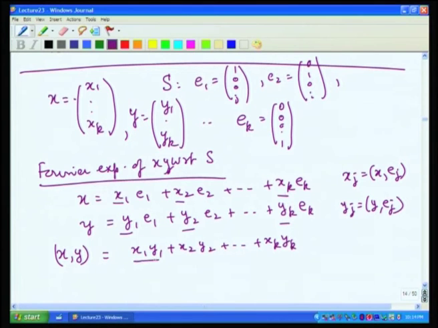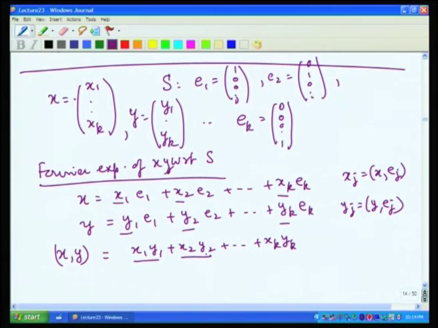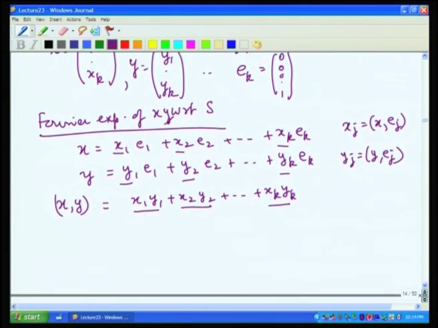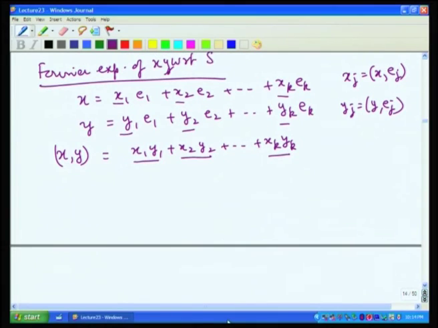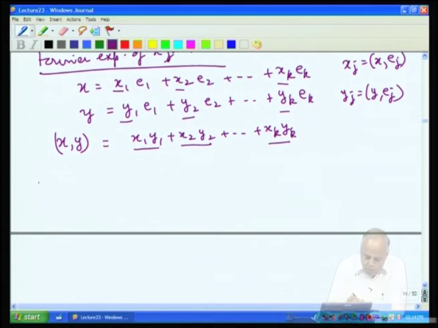This is the product of the first Fourier coefficients of x and y, this is the product of the second Fourier coefficients, and this is the product of the kth Fourier coefficients. So, the inner product is the sum of the products of the k Fourier coefficients.